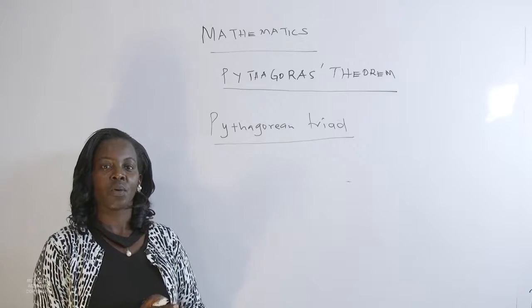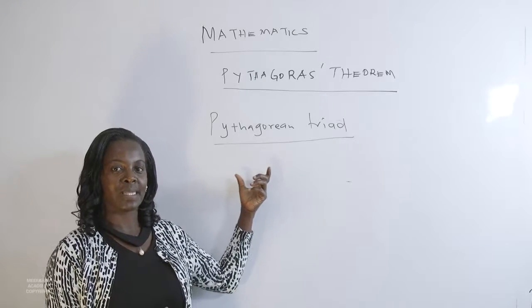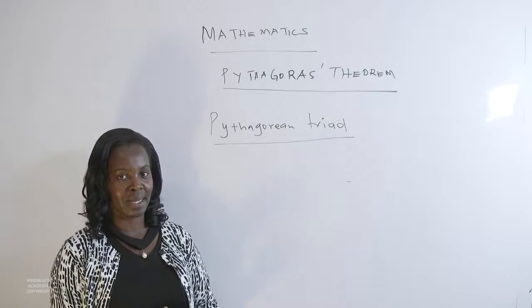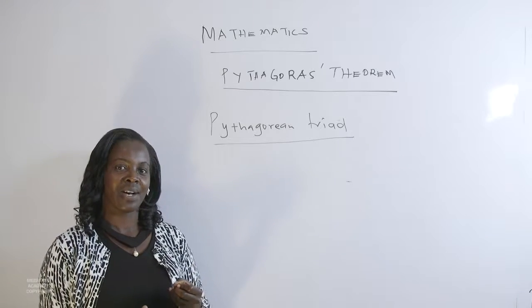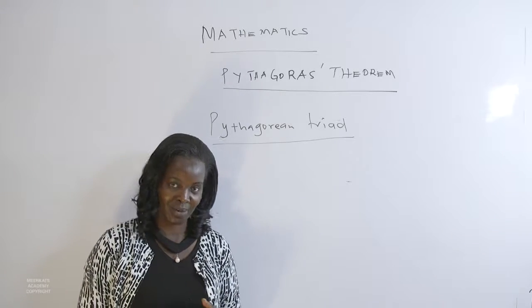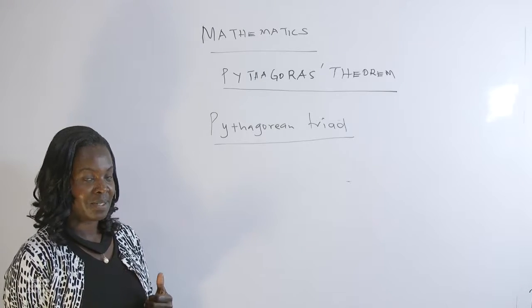Given a set of three whole numbers, how do you know that they make up a Pythagorean triad? In other words, do they make the three sides of a right angle triangle? How do you know if they are three sides of a right angle triangle?